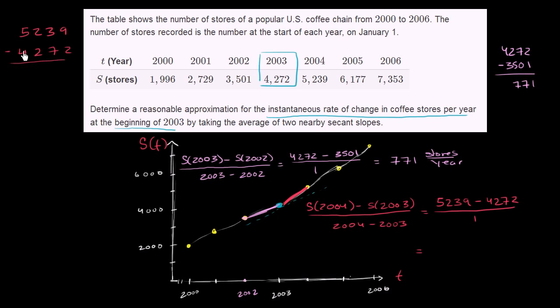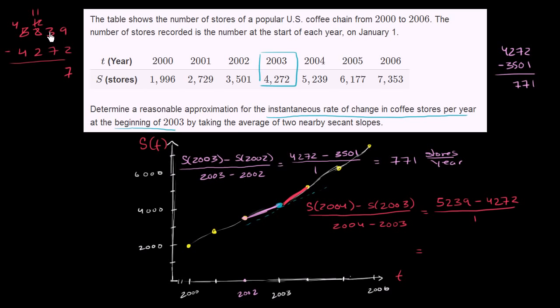4,272. So this, let's see, 9 minus 2 is 7. Let's see, it looks like we're going to have to do a little bit of regrouping here. So let's say we take one of the thousands from the 5,000, so it's 4. And then that becomes 10 hundreds, so this becomes 1,200. And now let's take one of those hundreds and give it to the 10. So now this becomes 1,100.